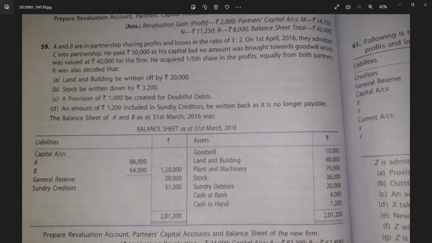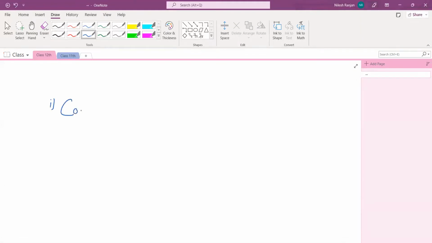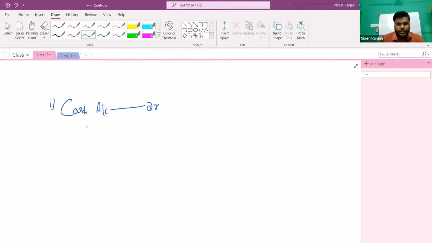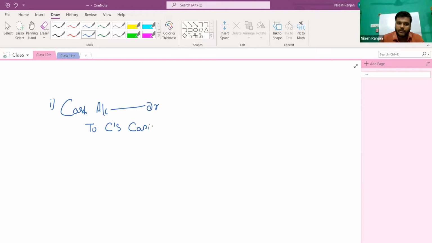Sir, cash account debit to new partner capital account. Yes, first entry is good. Cash account debit to C capital account, 50,000 and 50,000. Yes. And if he has brought goodwill, then we have to write here premium for goodwill, and the total of these two will be written here. Is that clear?